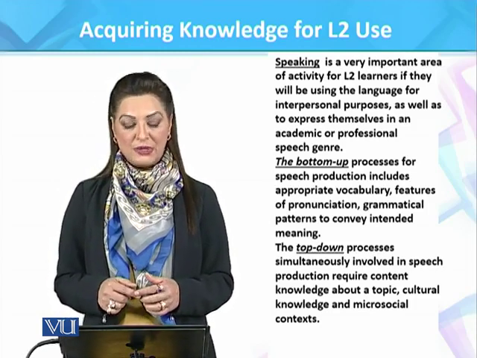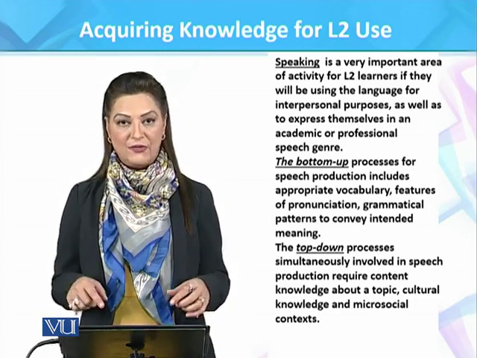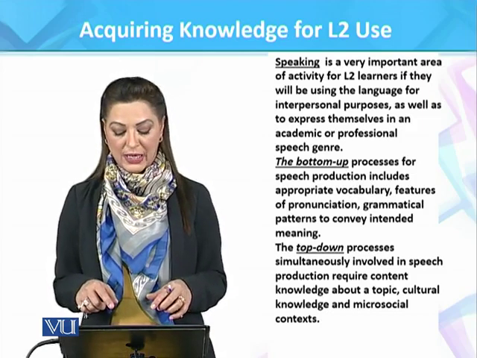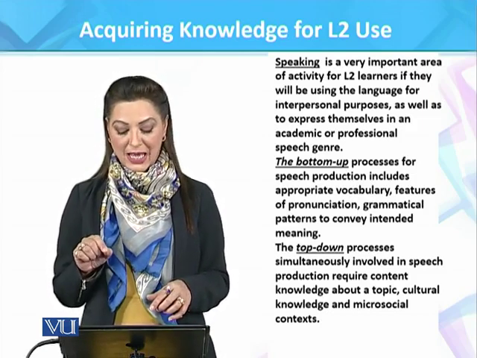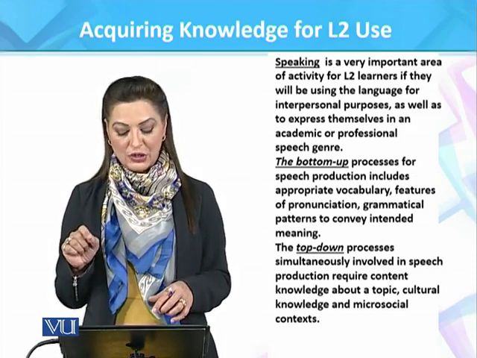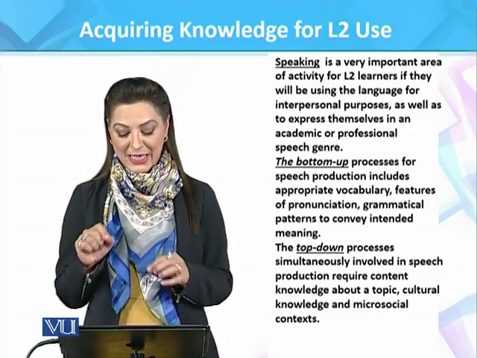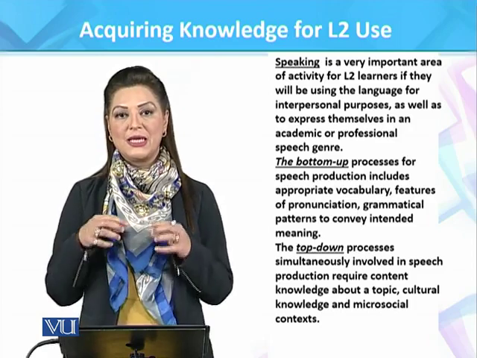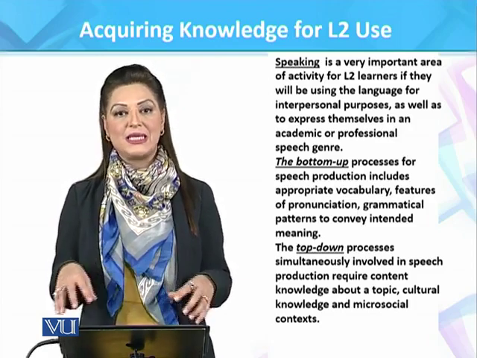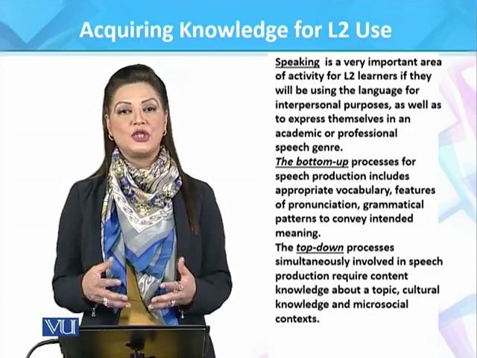The top-down processes simultaneously involved in speech production require content knowledge about the topic, the cultural knowledge about the topic, as well as the micro-social context, the immediate context and the immediate surrounding where that speech is taking place.